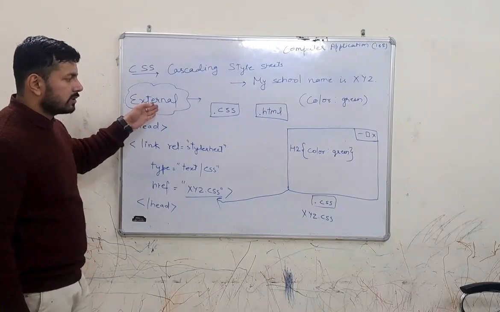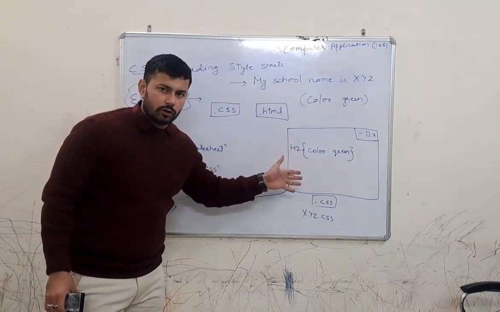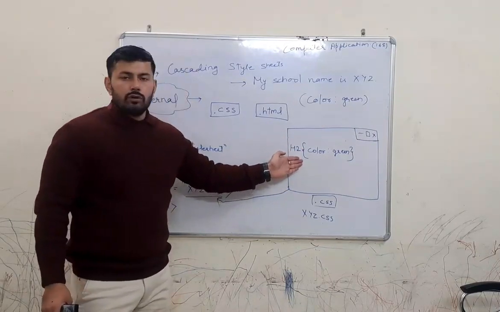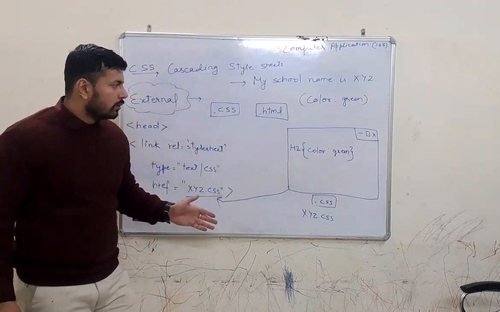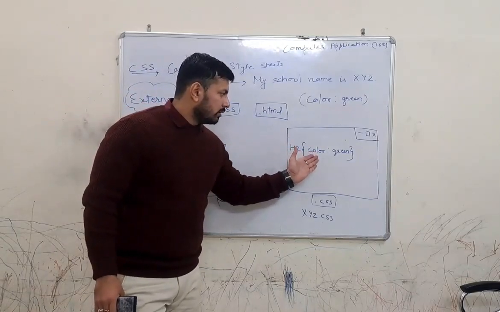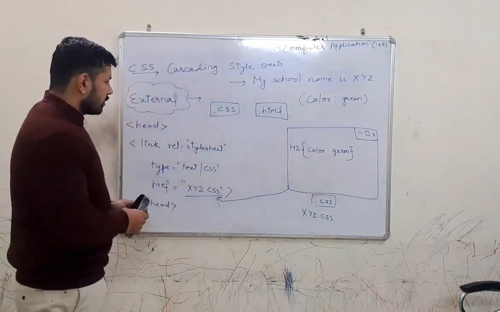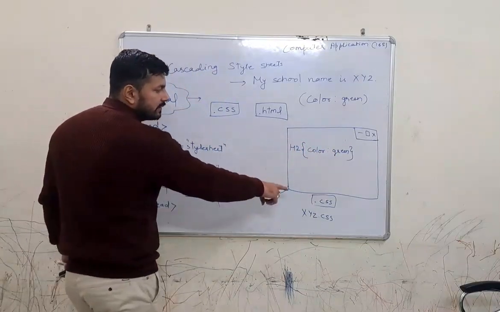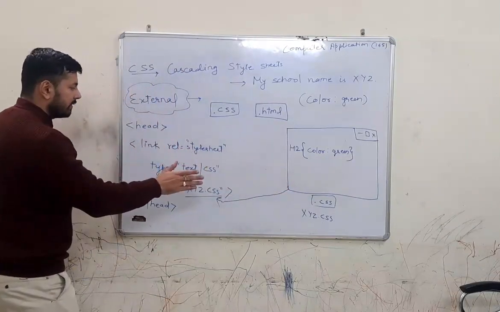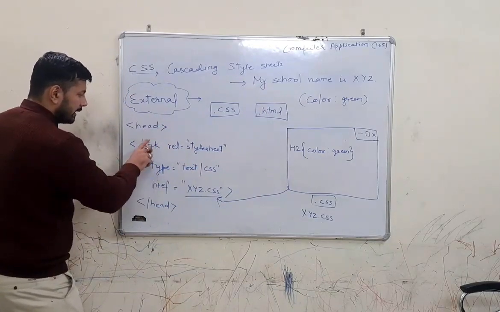In external CSS, first we have to open an external window of Notepad. Then we give the selector on which we want to apply the property and value, and after selecting the selector, we give the property and then the value, and then we save that file as .css, and after saving that file we will start the link tag inside the head tag.